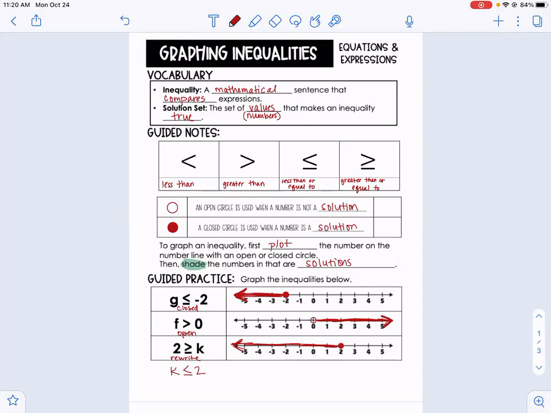So we're on the next page and we're doing 1 through 4 on page 2. All 4 graph. Thank you.